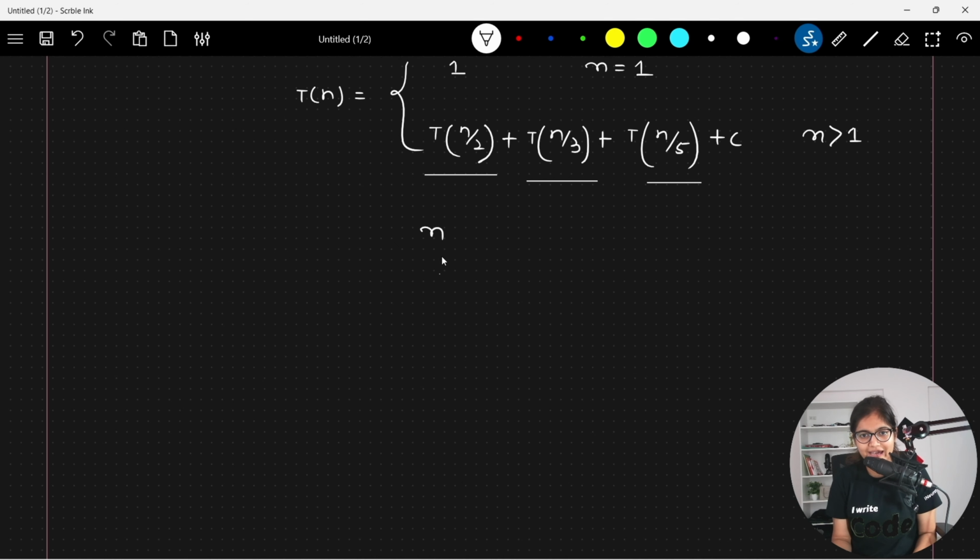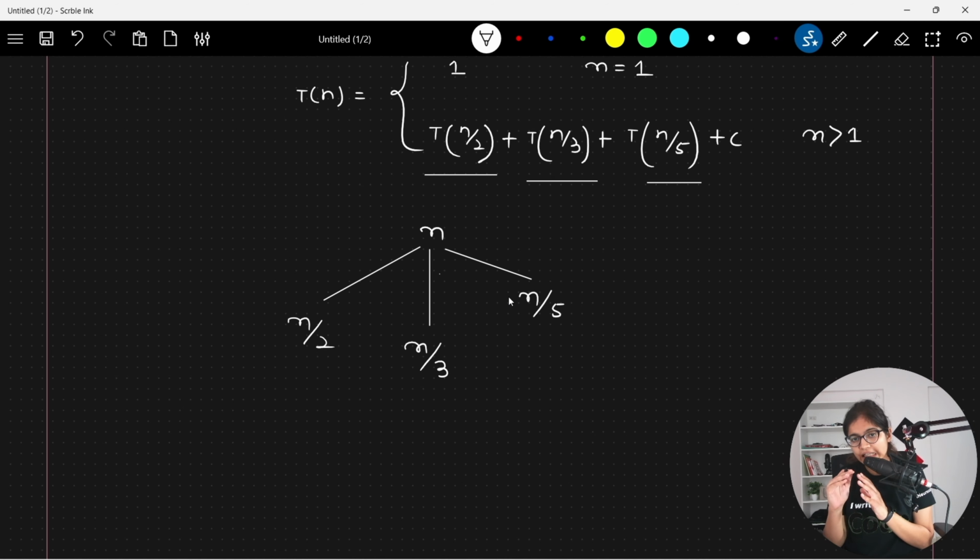So we have n number of elements, and we are dividing them into 3 parts. Here the elements are split such that the first part is n by 2, the second part contains n by 3, and the third part contains n by 5. Now the cost required to do this particular split we can say is C, right?